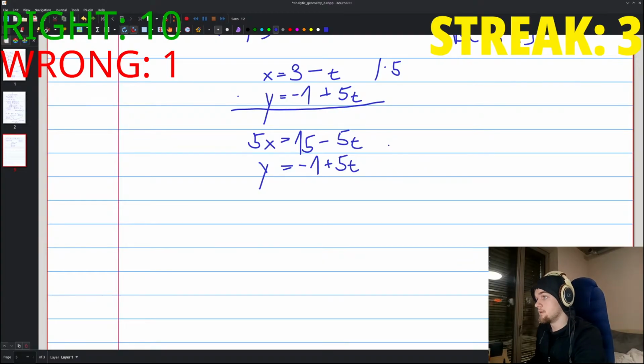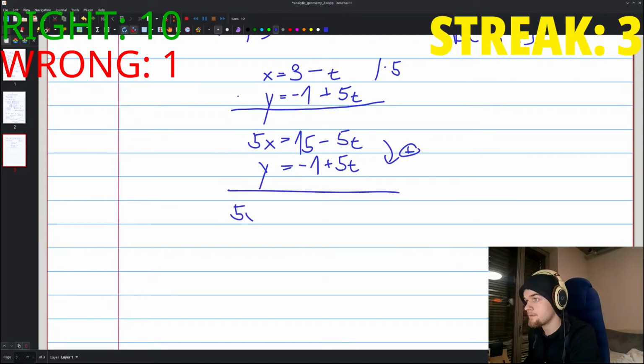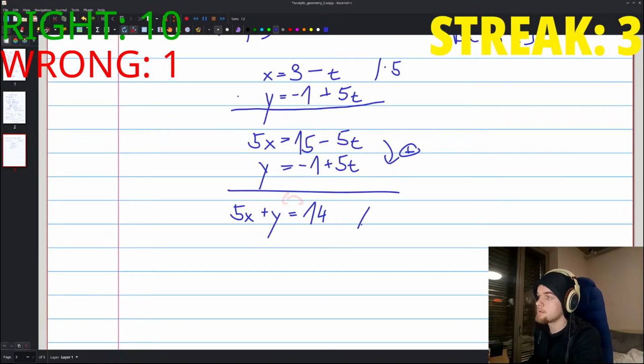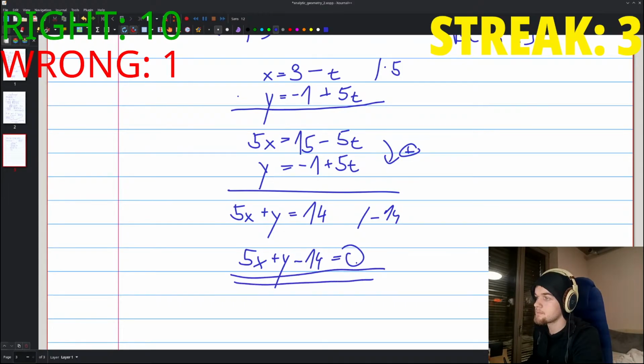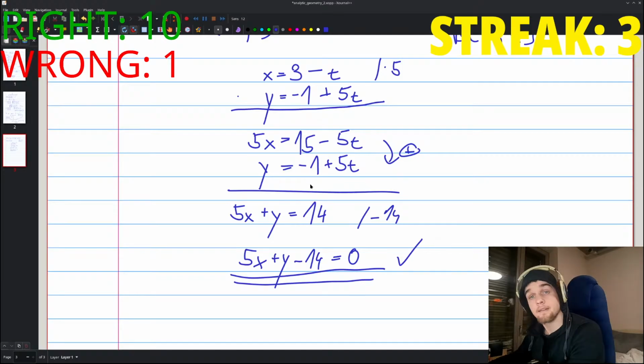And now we just sum them together, which yields 5x plus y is equal to 14. Now we transfer the 14 to the other side, minus 14, and we get 5x plus y minus 14 is equal to 0. Once again correct, wow. And I will mark that down. Shameless? Maybe.